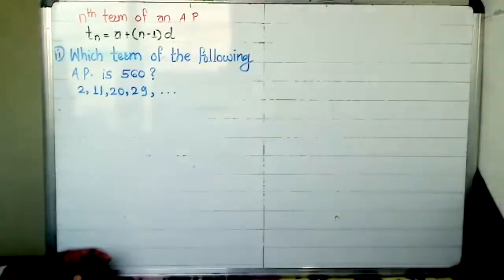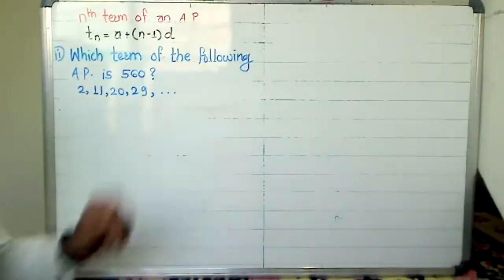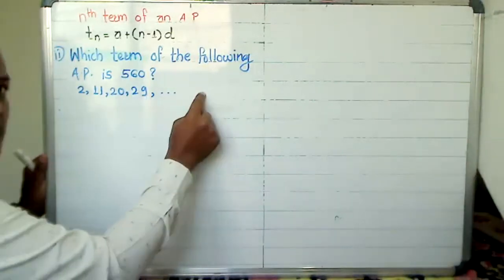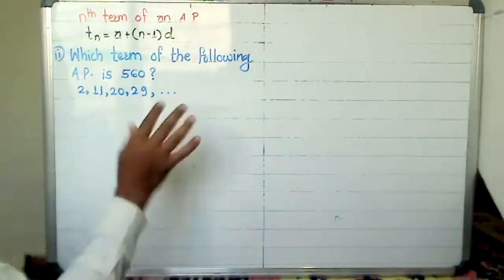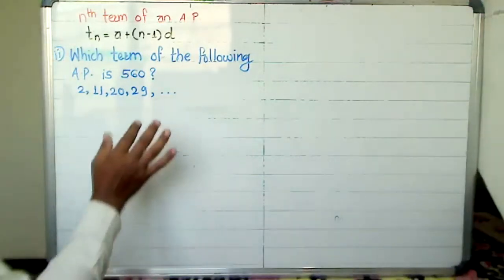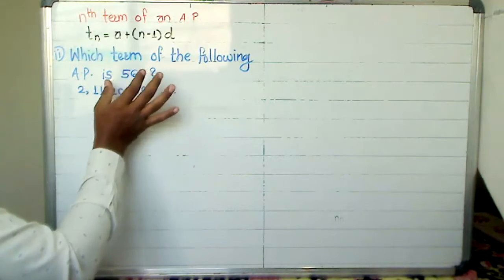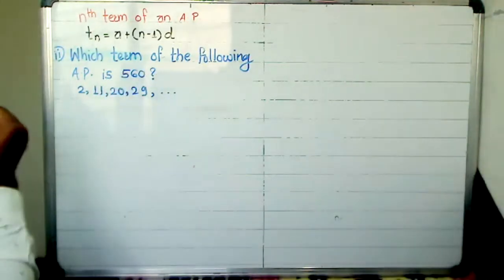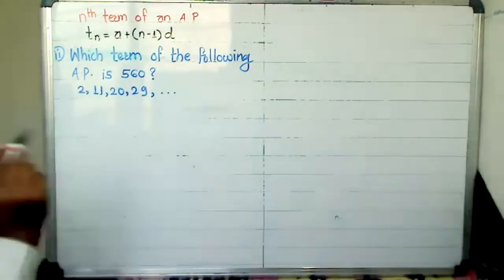The term 560 belongs to this arithmetic progression, and we'll assume the number of the term 560 is n. Then we have to find the value of that n. So how can we solve this?